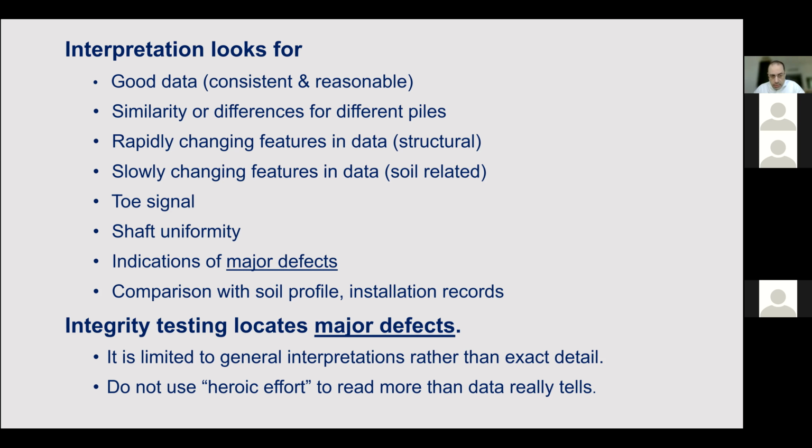So in terms of this test, it locates major defects. It is limited to general interpretations. It doesn't really give you exact details. And sometimes if you want to read too much into the data and make heroic efforts, it can be an over-interpretation of what the data can really tell you.